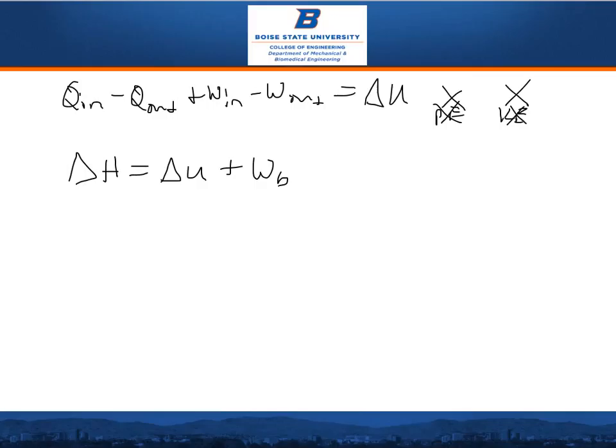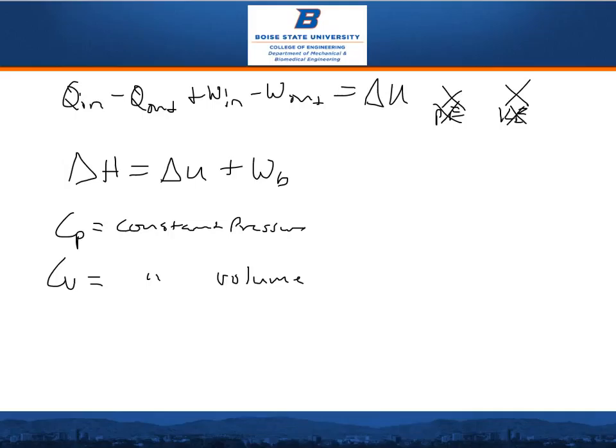Alright, the next important topic from chapter 4 is specific heats. Cp is specific heat at constant pressure, and Cv is specific heat at constant volume. Okay.